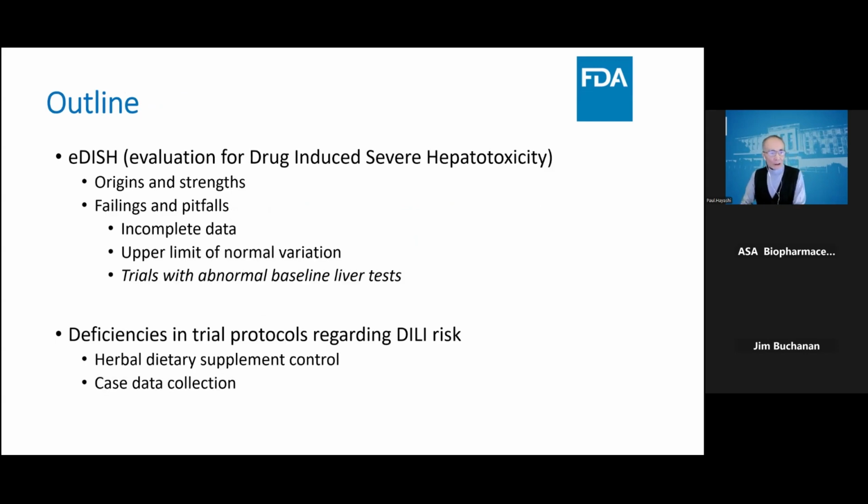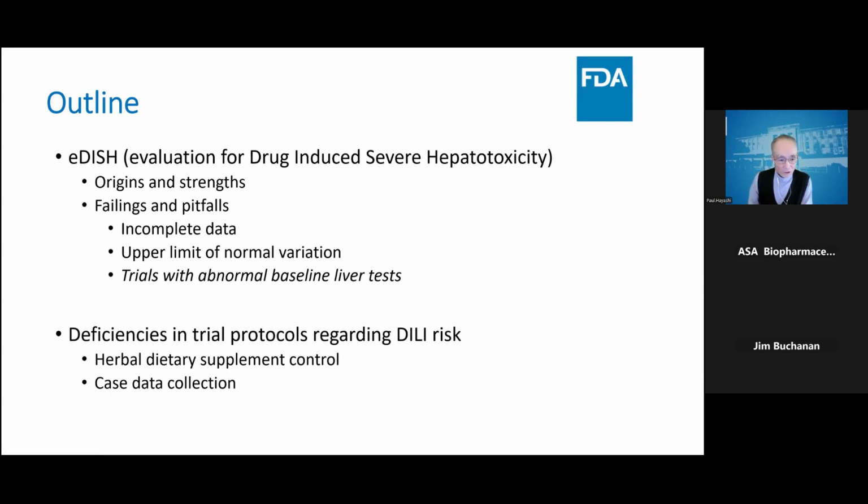So this is my outline. I'll be covering EDISH a bit, talking a little bit about the origins and strengths, because to provide a basis of where we have to go from there. And we'll be talking about some of the failings and pitfalls related to EDISH, and in particular, the third sub-bullet there, trials with abnormal baseline tests.